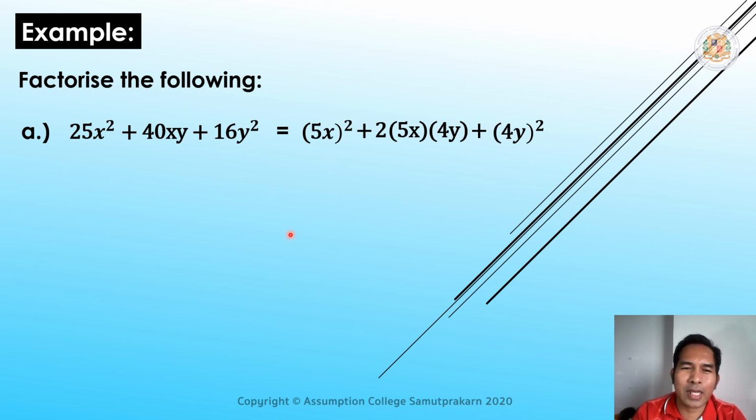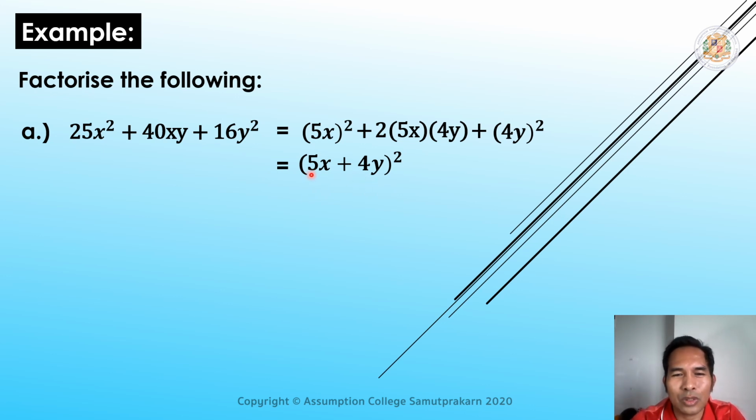Okay, the factor is the quantity a plus b, raised to the power of 2. The quantity a plus b squared. So that means this is the factor.